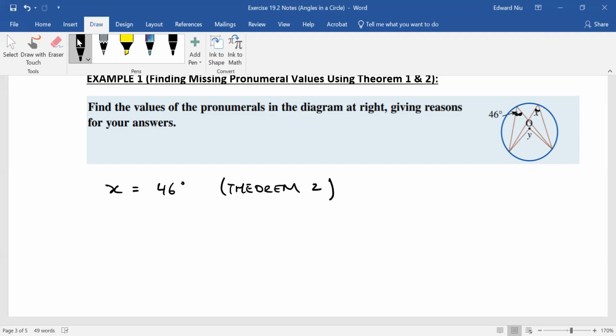And then using theorem 1, we can find y. So theorem 1, we've got y as double whatever the angle touching the circumference is, which is 46, so 92 degrees.